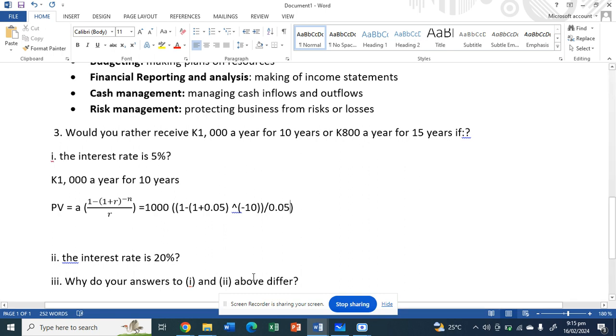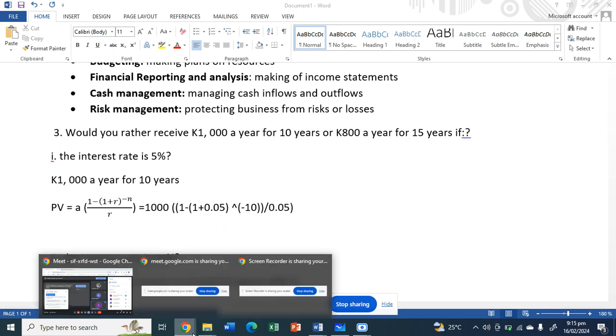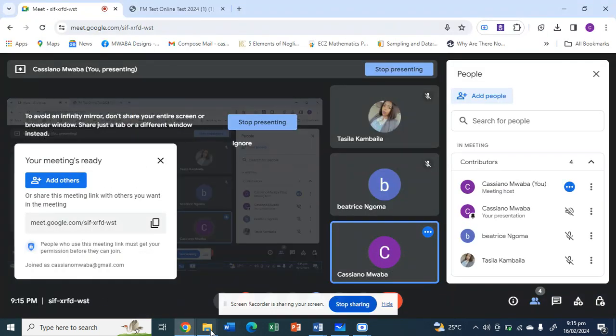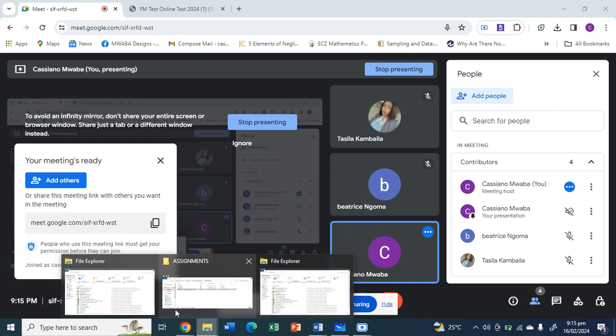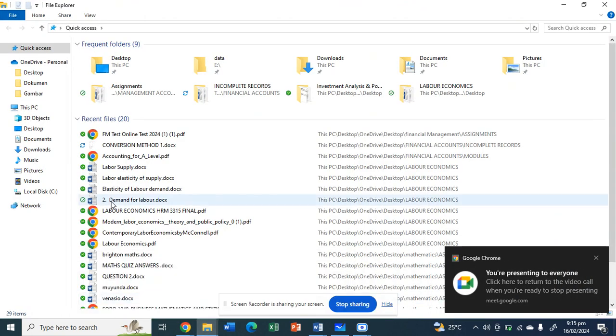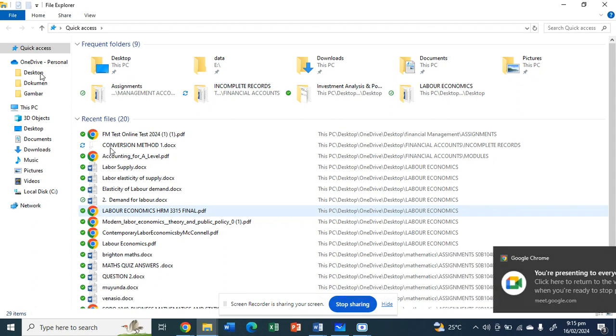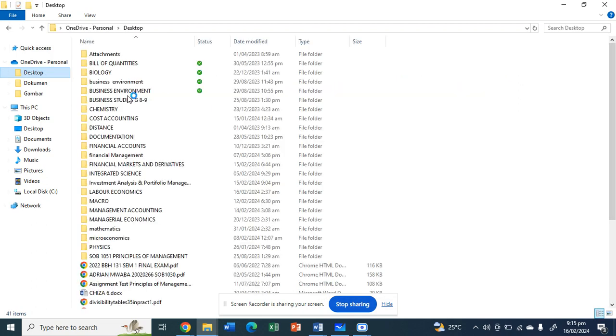Actually, this is the time we can use the present value tables, the annuity tables.